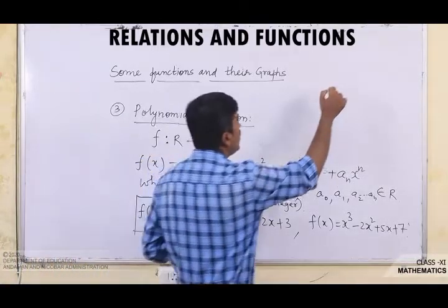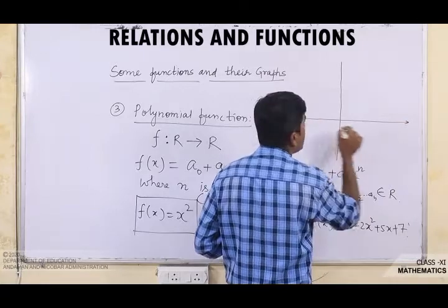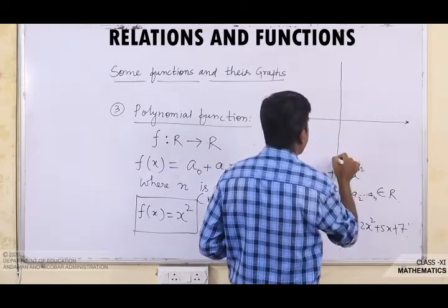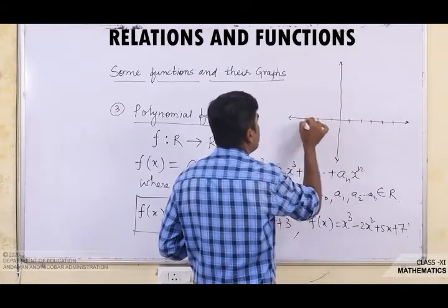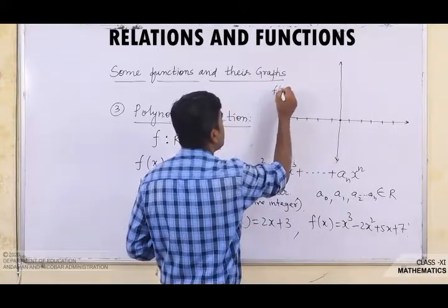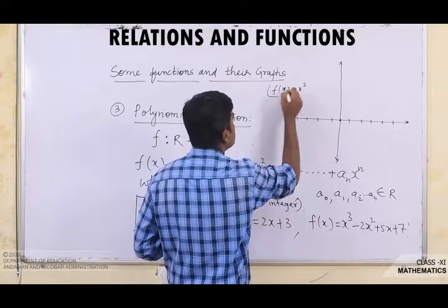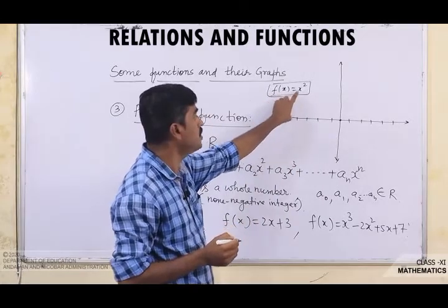Now we have to take points first. f of x is equal to x square. First mark the points. If we take x is equal to 0, we are going to get the output 0.